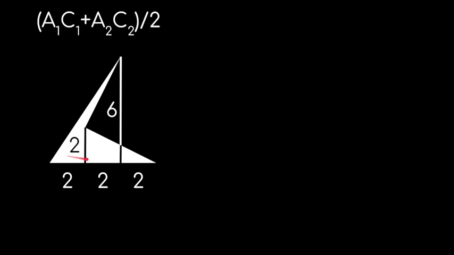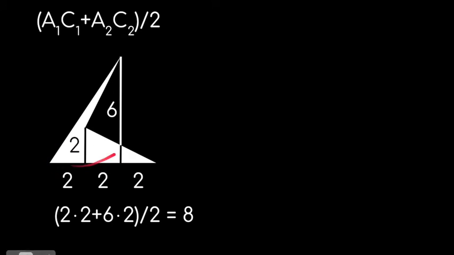So altitude 1 is 2, altitude 2 is 6, and C1 is going to be 2 only because it goes from here up to here. This first one is 4 and the second one is -2. Then the other one is also 2, it goes from here to there. It's -2 plus 4, so then we plug it in the formula, that's 8.